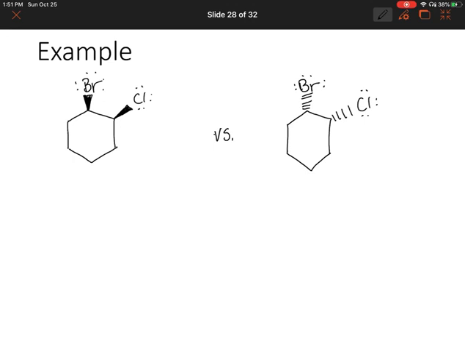Okay, so let's name these two molecules. So let's start with the one on the left. So again, we have cyclohexane. And then we have to name the substituents in front. So let's see. We have bromine and chlorine. Bromine comes first alphabetically, so we're going to give that carbon 1.